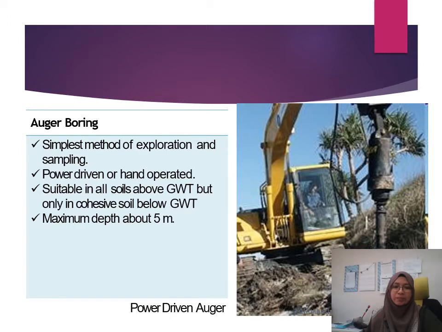It can be done manually or mechanically by using power. It is suitable in all soil above the groundwater table, but only in cohesive soil below the groundwater table. The depth of exploration is around 5 meters from the ground surface.